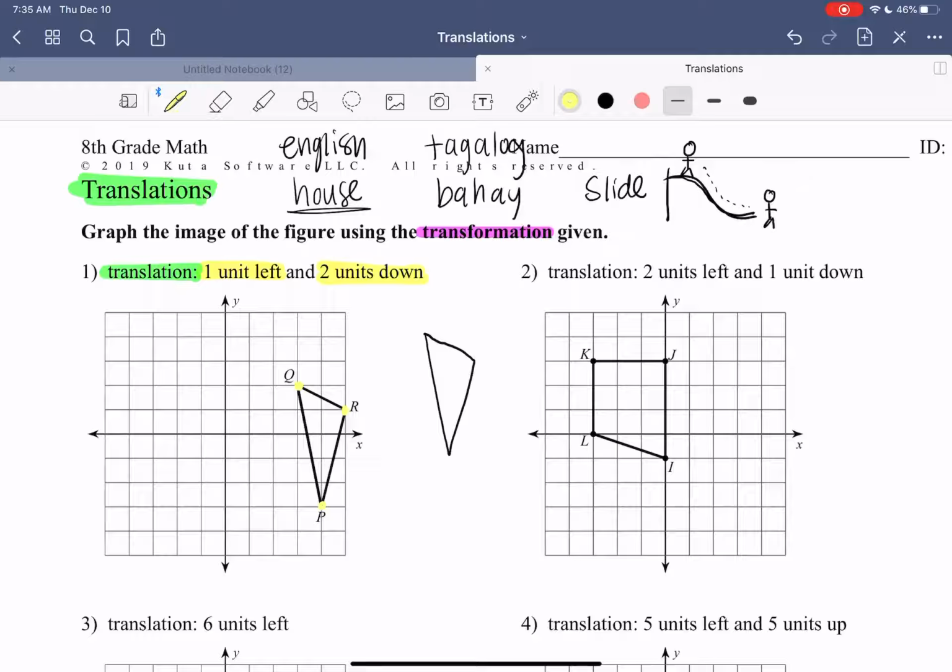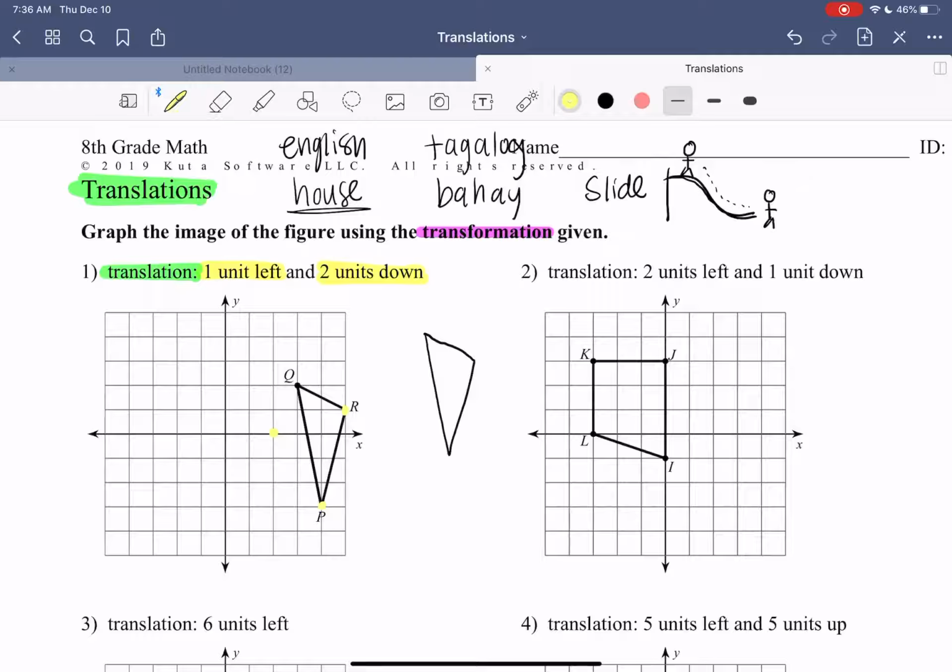Take these vertices, and we're going to move them individually, because that will then allow us to draw the shape in a moment. So I'm going to take this vertex Q, and I'm going to move it 1 unit left and 2 units down. So that is where the new Q location goes. And the thing about when we move one of the vertices, when we move the shape, it takes on a new name.